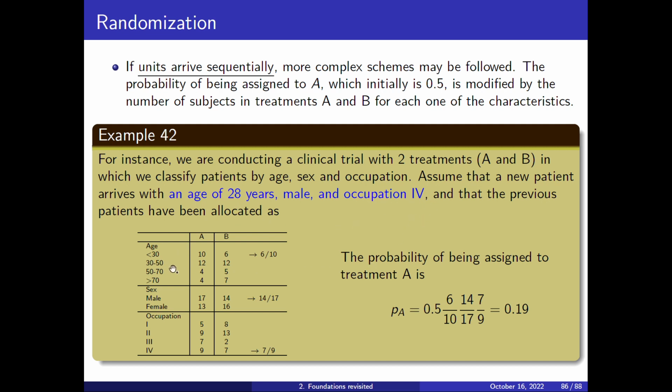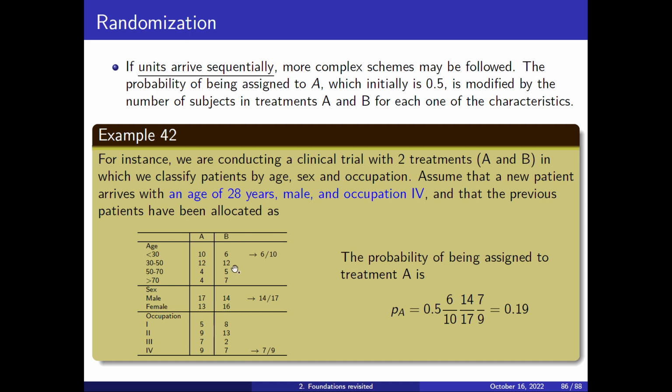Initially he would be assigned to treatment A with probability 0.5, but then we look at the current composition of the groups. He's younger than 30 years old, so if we put him randomly in A or B, we may create a higher imbalance. On the other side, we don't want to put him straight in group B. We have to look at the remaining groups.